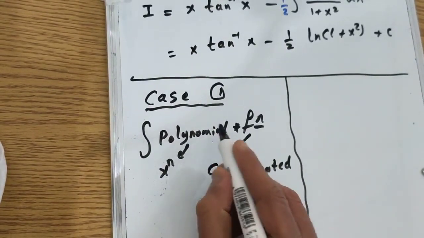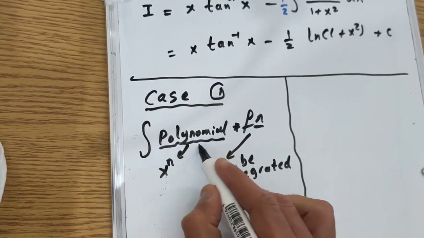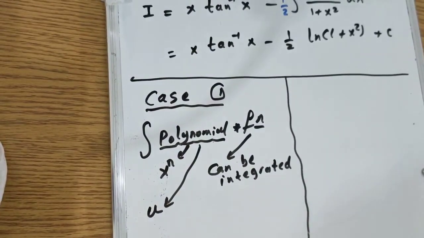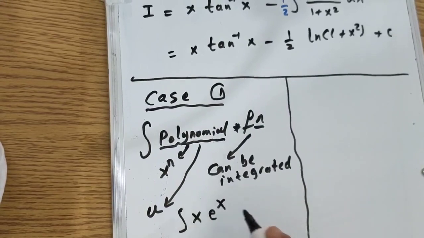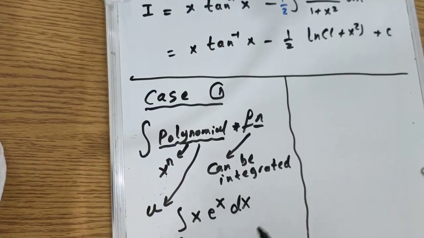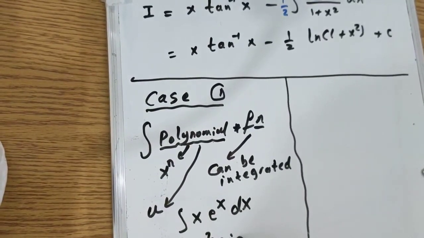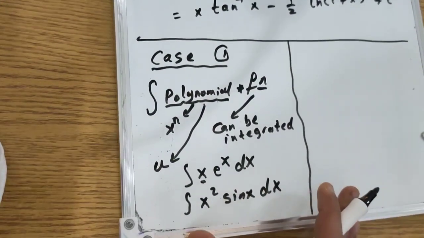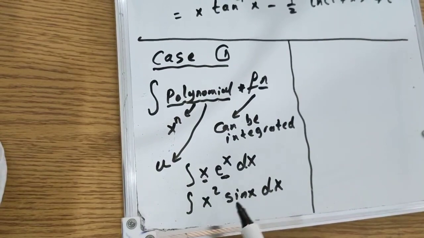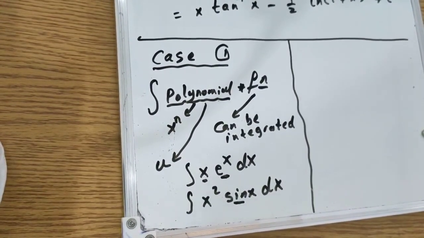In this case, we select the polynomial to be u, as in the examples of x times e power x, integration of x squared times sine x, and so on. We have a polynomial times a function that can be integrated like e power x, sine x, and so on.